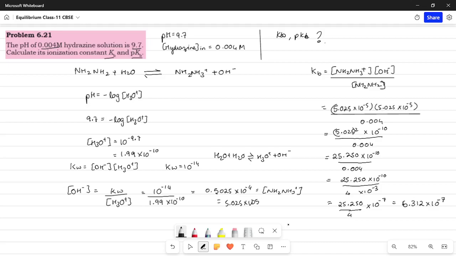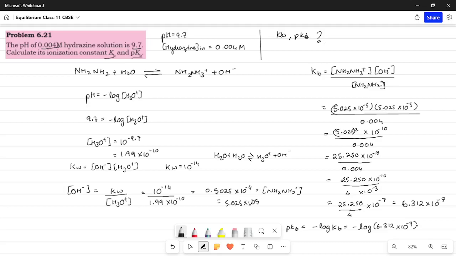Okay, now the last thing we need to do is calculate the value of pKb. pKb is minus log of Kb. So this is equal to minus log of 6.312 into 10 to the power minus 7.